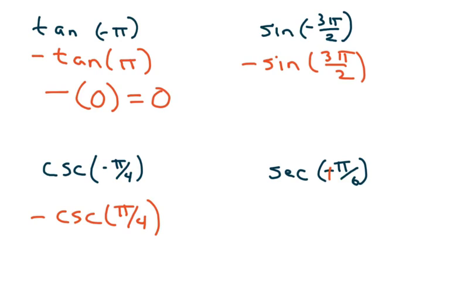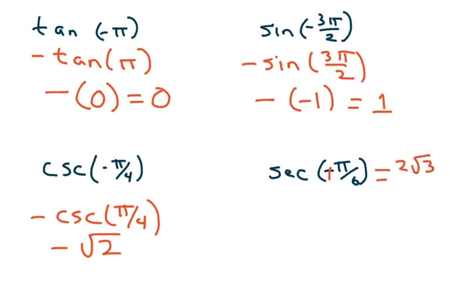So that's just going to be 0. Sine of 3 pi over 2 is negative 1. And 2 negatives will make positive, so that's 1. And cosecant of pi over 4 is root 2. So negative square root of 2. And secant of pi over 6, that's going to be positive, just equals 2 square root of 3 over 3.